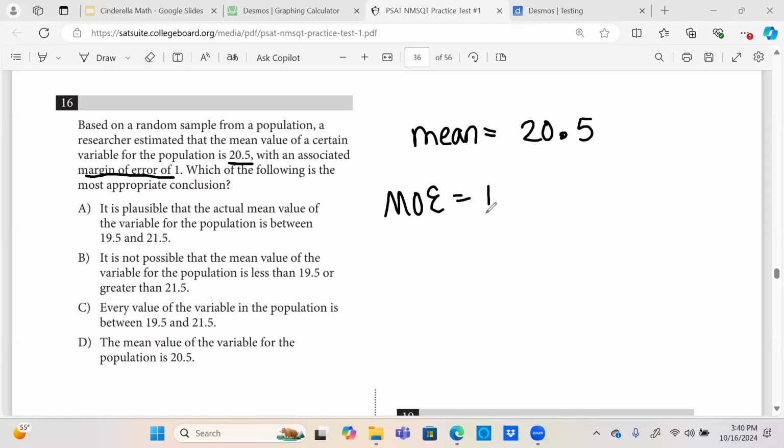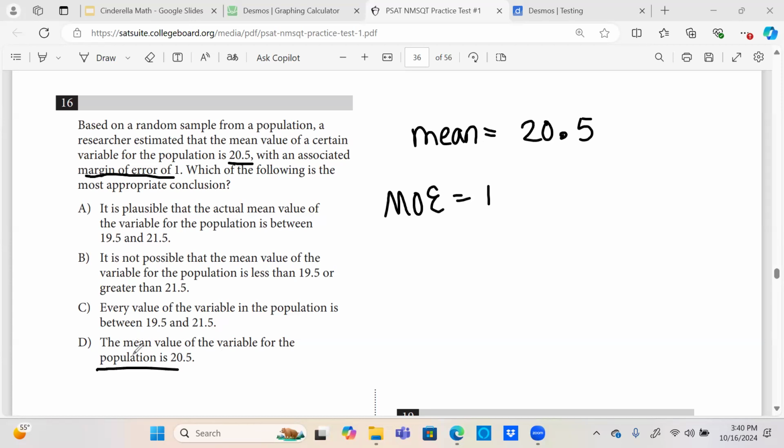It is plausible that the actual mean is... it is not possible that the mean, every value of the variable in the population. I don't think you can say D because that's saying the mean is straight up 20.5, and that's what they computed, but they had some error in there.